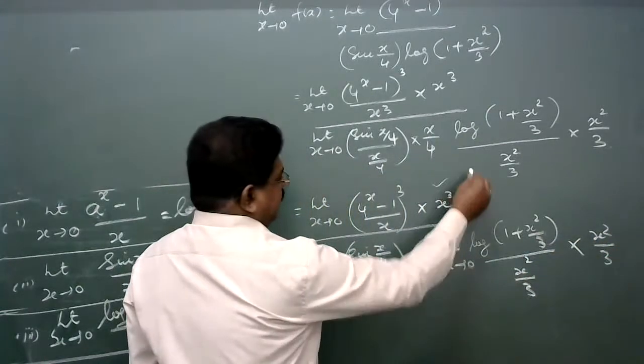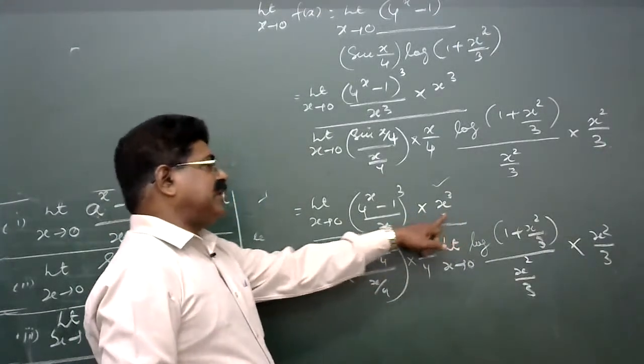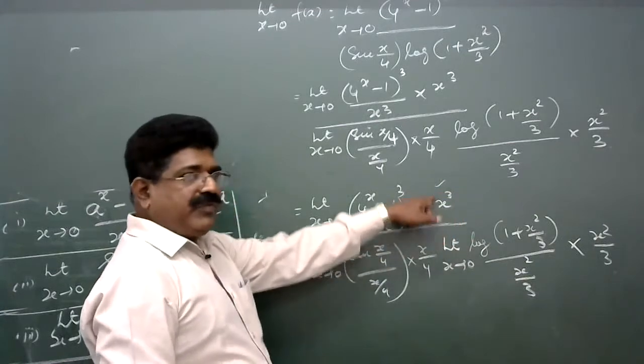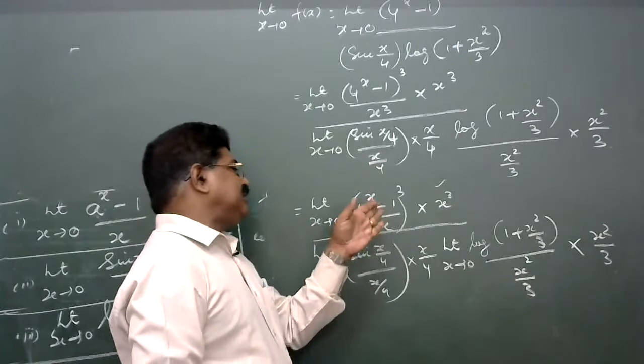So here x to the power 3, before applying the limit, you have to reduce these terms in terms of x. If you apply it directly, what happens? X tends to 0. This becomes what?